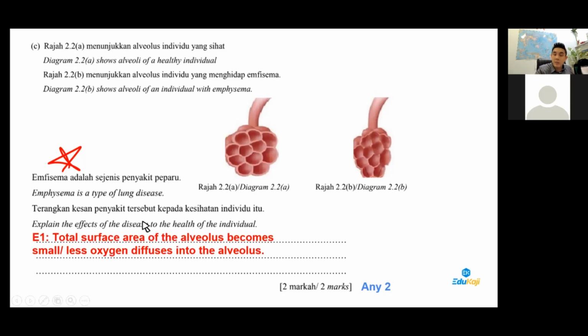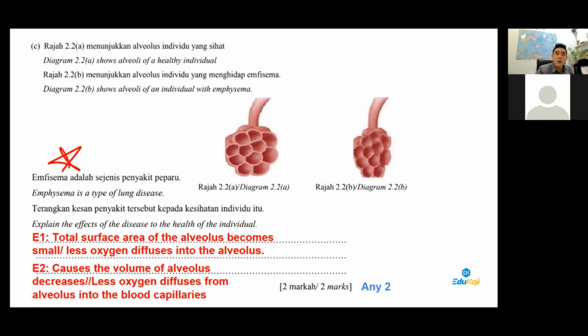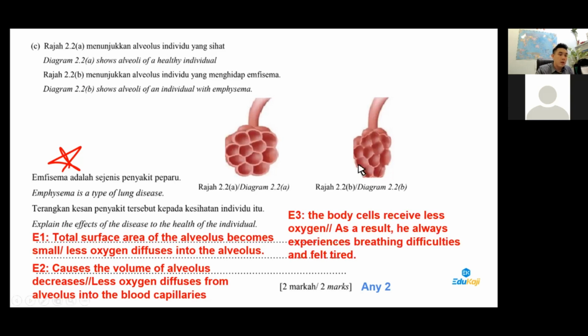Here they kickstart by saying total surface area becomes smaller, because not shrink, it is indeed smaller than the original one. So less oxygen can move from alveolus into the capillaries. The person constantly feels tired. Okay, so any two is fine.